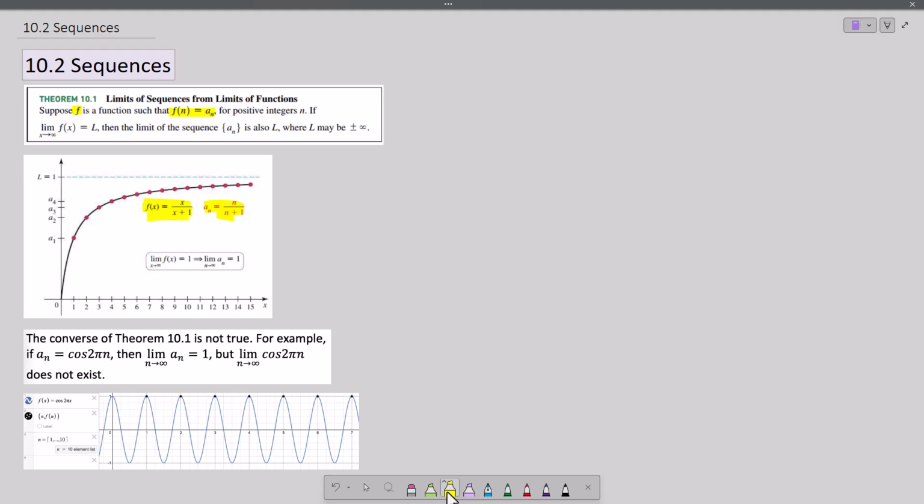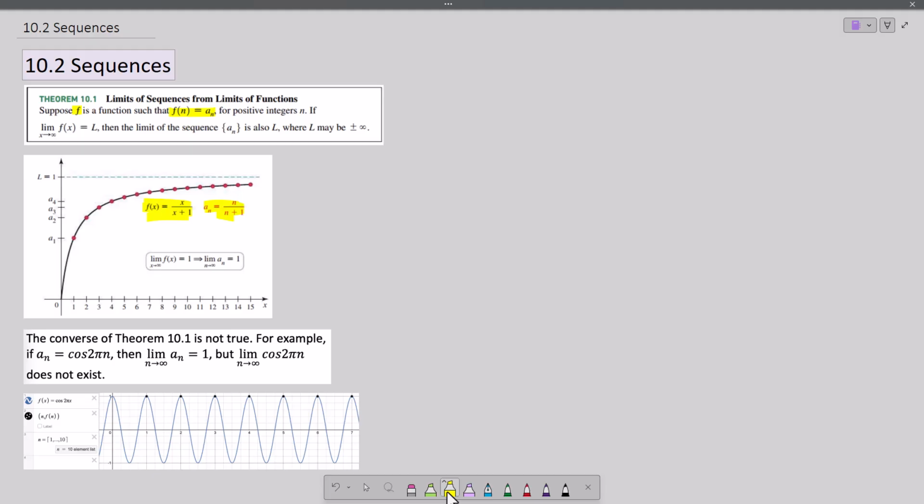Remember that the sequence's index values increase by 1, so there's a very rigid stepping through the function. N is 1, and then 2, and then 3, and then 4. All the indices are 1 unit apart. So that forces the dots to be in this pattern, and that function converging to L means the subset of dots has to converge to L also.